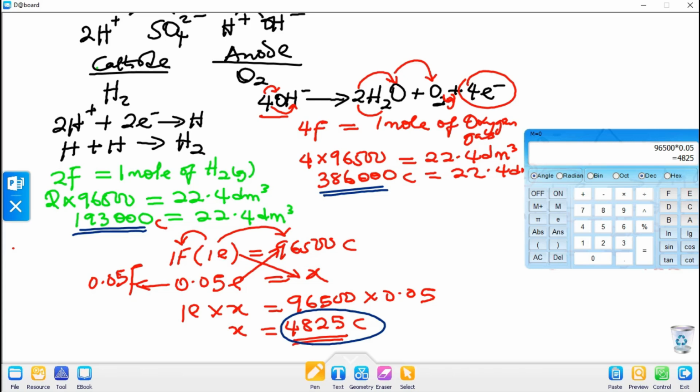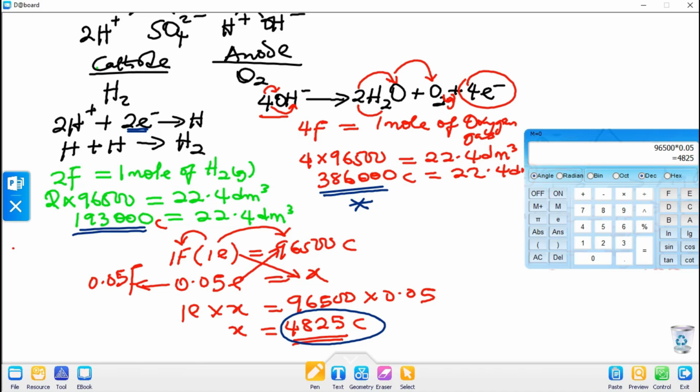So in value, 0.05 moles of electrons is equal to 4,825 coulombs, just as 4 Faradays or 4 moles of electrons is equal to 386,000 coulombs of electricity, and 2 Faradays or 2 moles of electrons, as we can see for hydrogen here, is equivalent to 193,000 coulombs of electricity or charge.